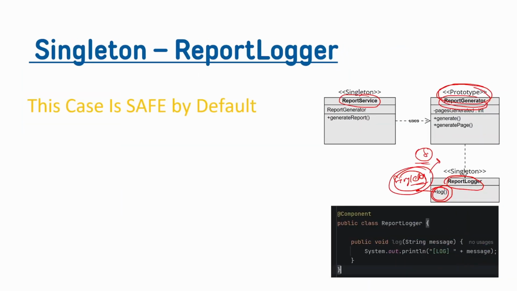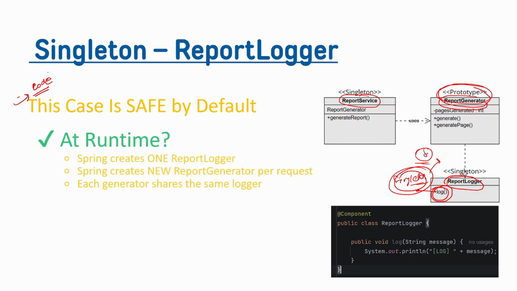So this case is safe. The code is behaving as expected, so it is safe by default. So what happened? At runtime, Spring creates one report logger and stores it in its context, and all the prototype beans will be using the same report logger.